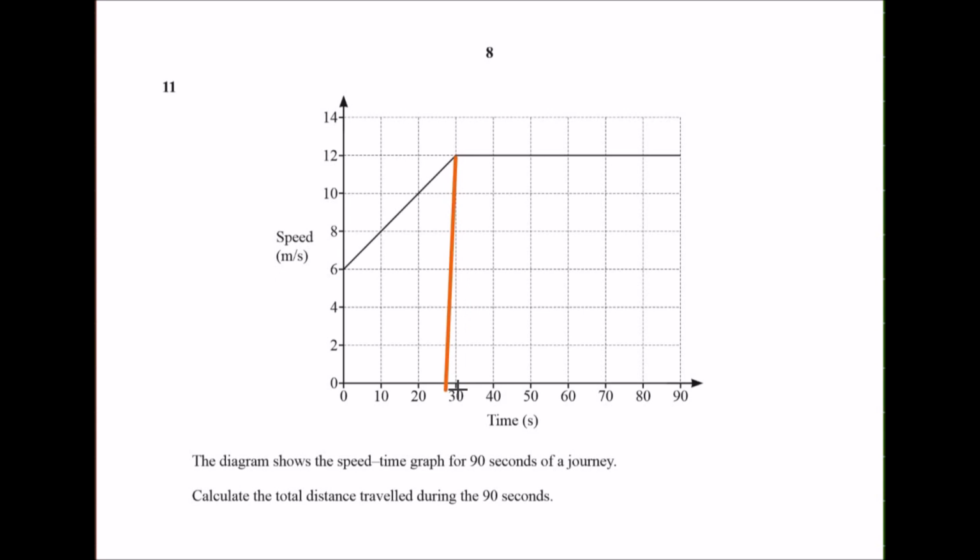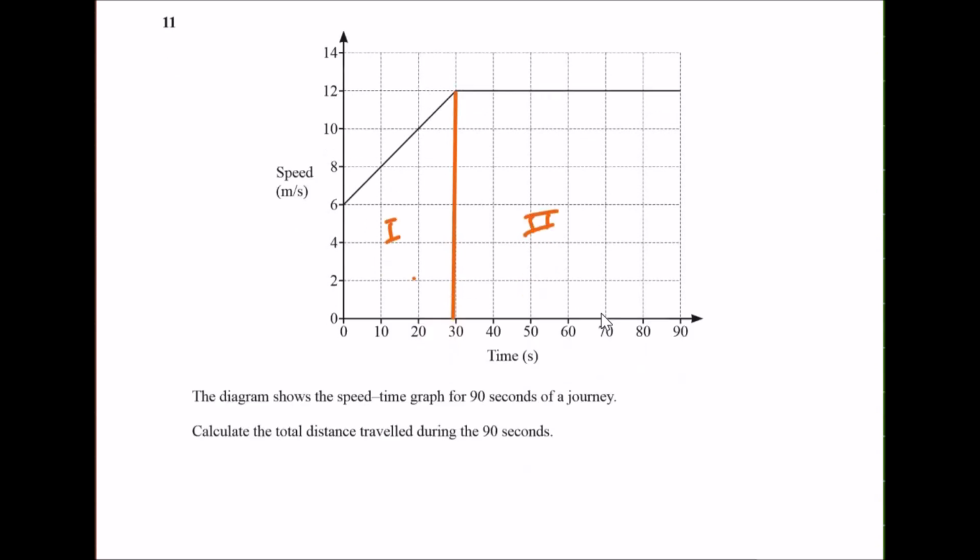So this is one trapezium here. There are divisions. So this number 1, this is number 2, right? We have a rectangle and we have a trapezium. We'll find area for both.